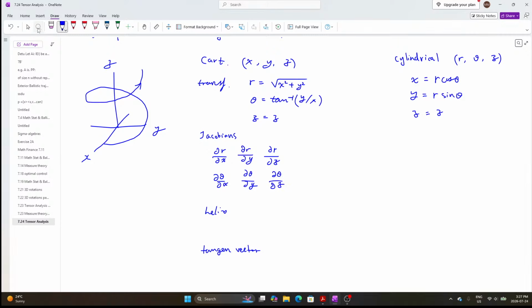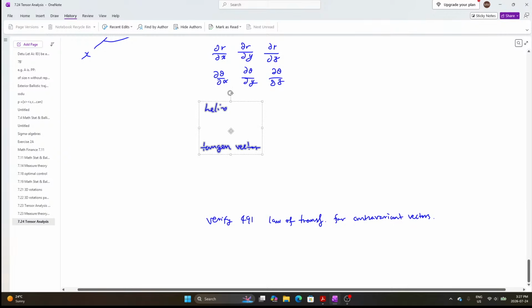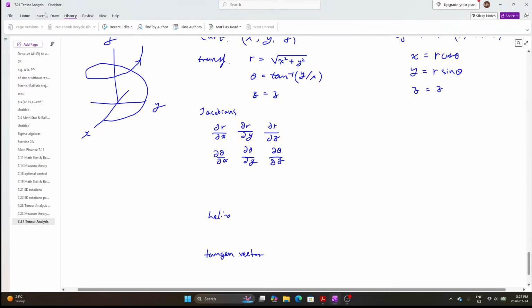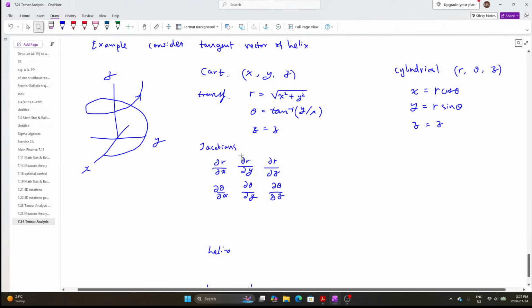You see, this will be very similar to the matrix for polar and Cartesian coordinate transformation, because z is unchanged.